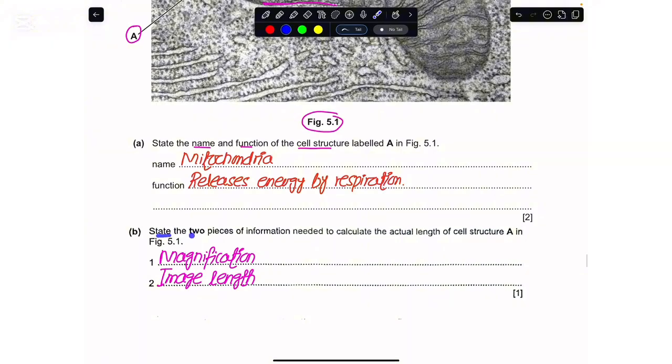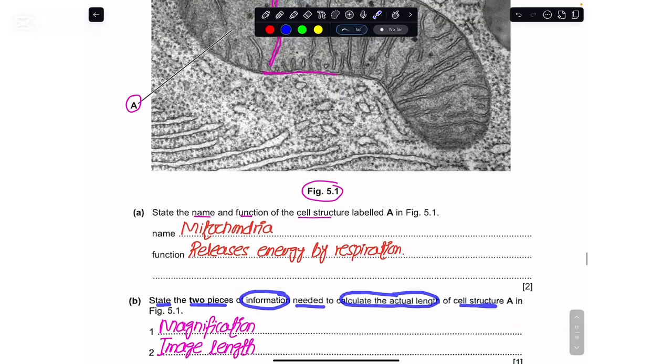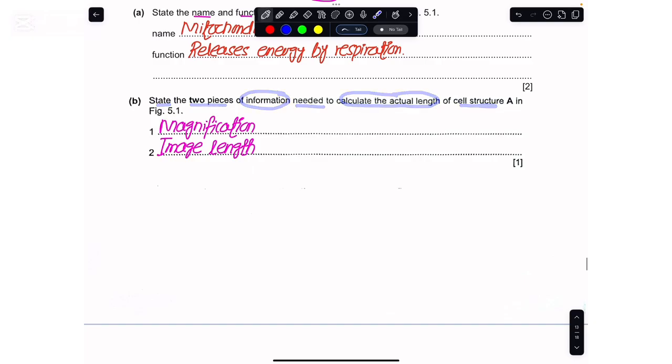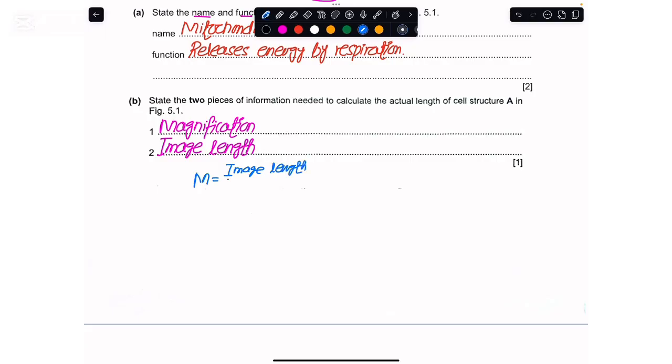They say state the two pieces of information that are needed to calculate the actual length of the cell structure which is labeled as A. Now you may have learned that if we are required to calculate the magnification, it is equal to the image length divided by the actual length.